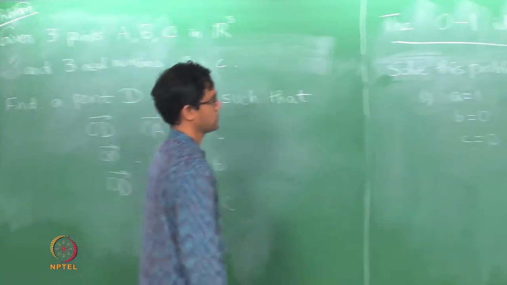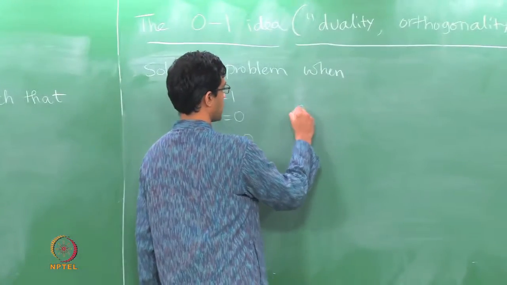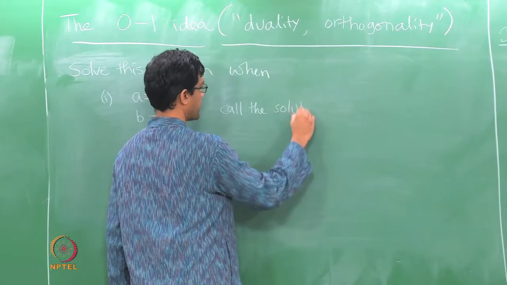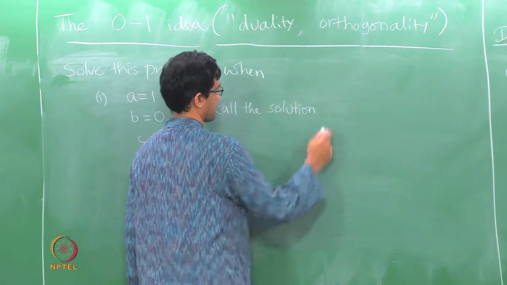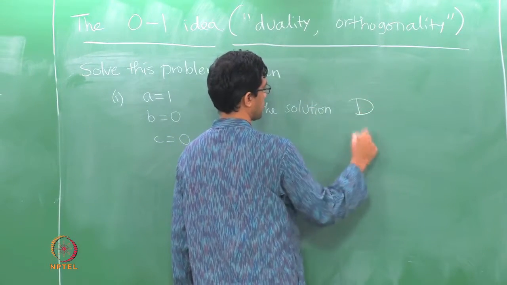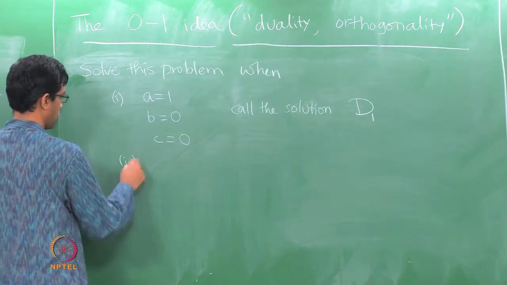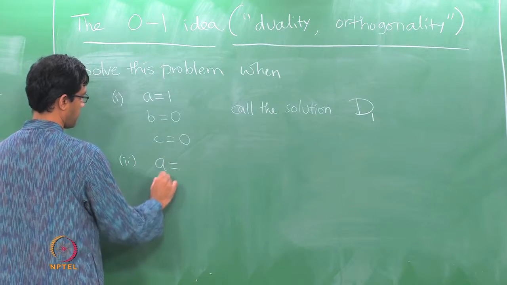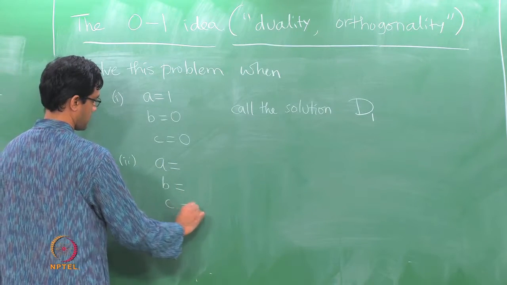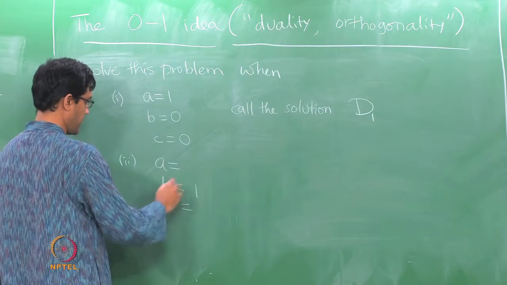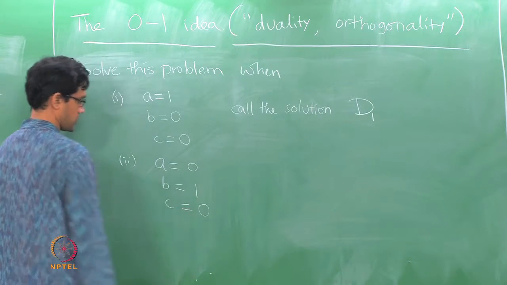Okay. So that is the first thing. Let us call the solution, instead of D, let us call it D1. So similarly, let us solve another problem. Let us find a point D whose dot product is 1 with OB and 0 with the other 2 vectors.